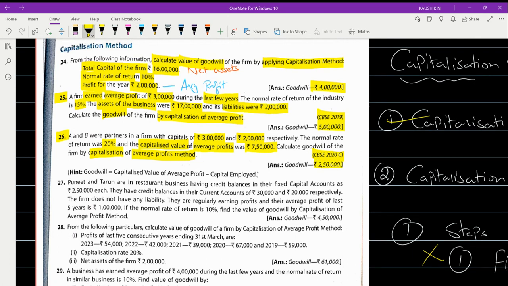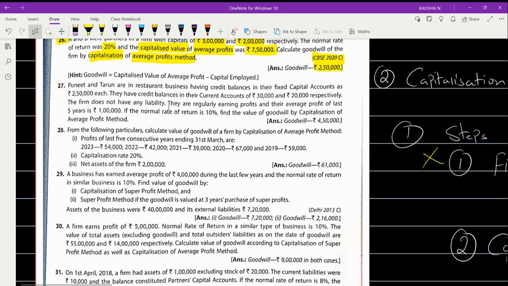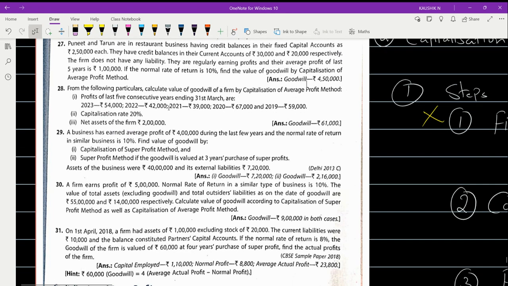Yes, sir. So this is how you will be moving on with your capitalization method of average profit, without adjustments. Clear? Okay, let me work out one more problem. This is not based on capitalization of average profit. This is the method of capitalization of super profit, the second method. So I'm going to teach you the second method, capitalization of super profit.